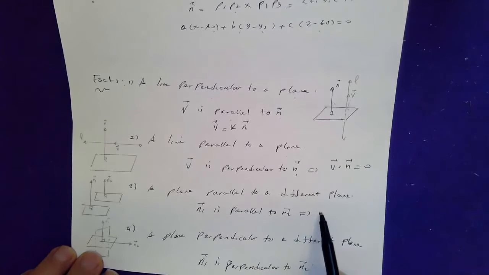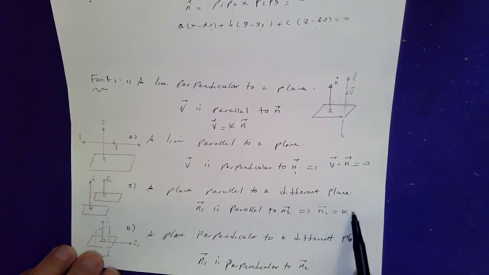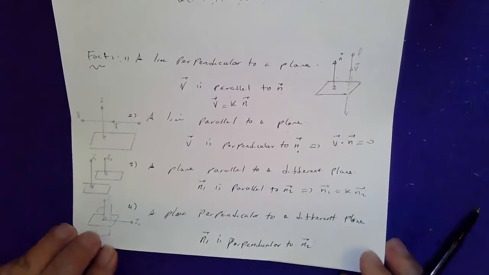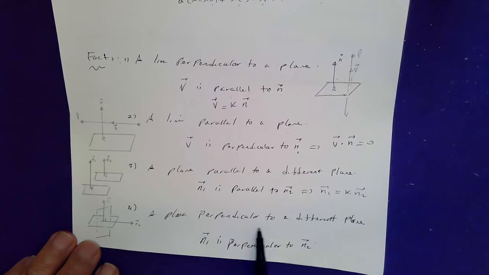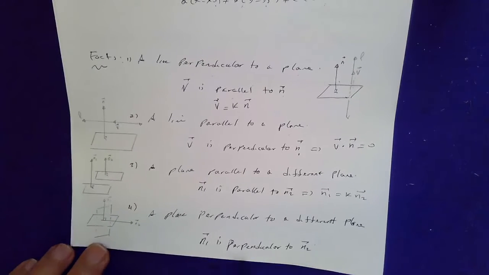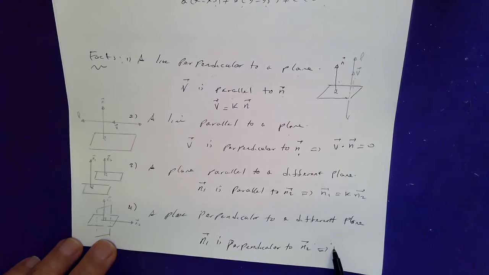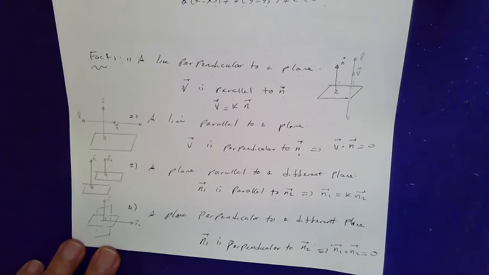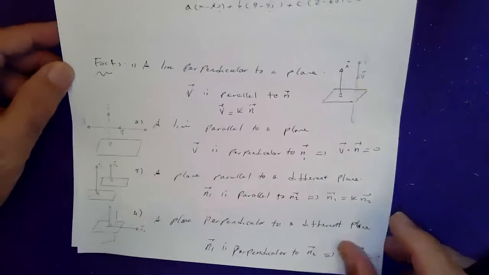What does that mean? That means N1 has to be a scalar multiple of N2. When do we say two planes are perpendicular to each other? When the normals are perpendicular. What does that mean? That means N1 dotted with N2 has to be equal to 0, the number. Fantastic.